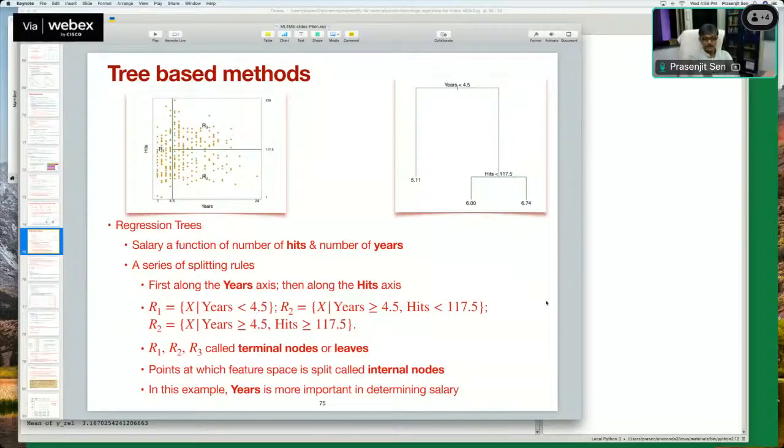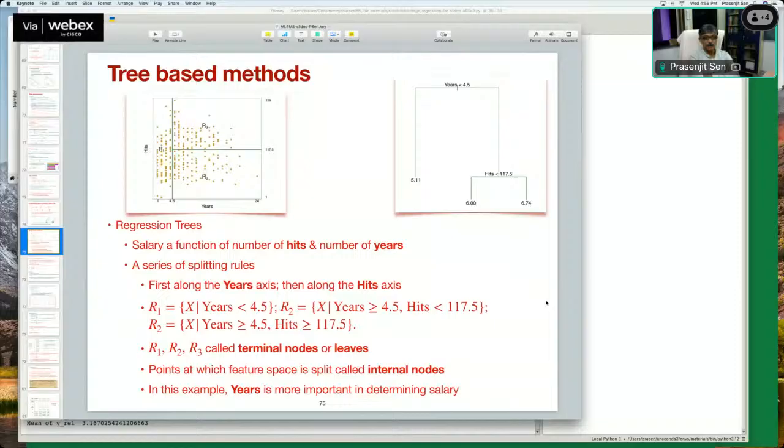One is hits. I don't even understand baseball. This was discussed in the context of baseball. So let us put it in the context of cricket, which we can follow more easily. So suppose how many boundaries, how many fours or sixes the player has hit. So that is hits, and number of years, how many years that player has been playing.